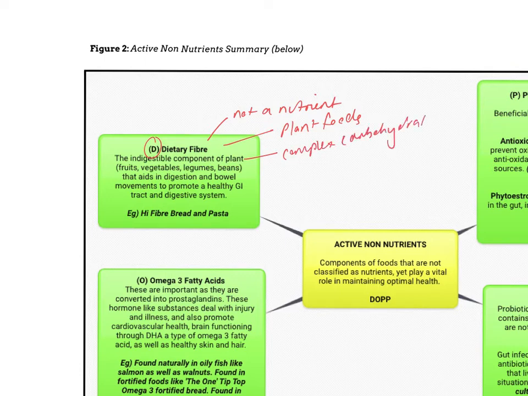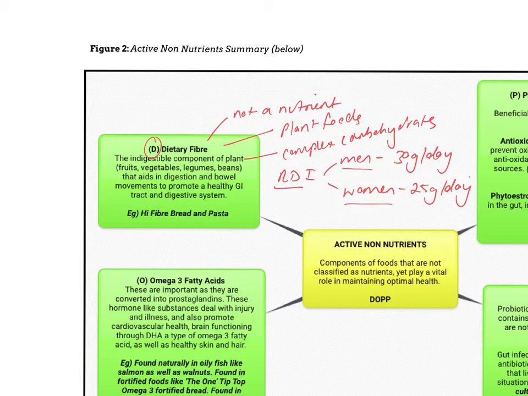It's important to note that the recommended dietary intake of fiber for men every day is 30 grams. And for women, it's 25 grams per day. So these are the recommended dietary intake requirements for men and women for this active non-nutrient.